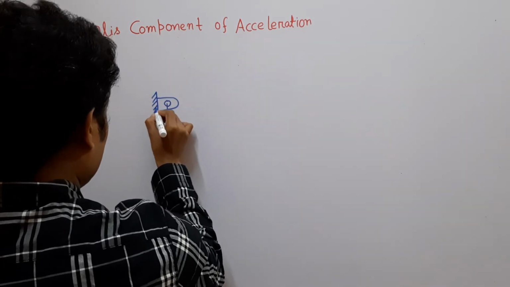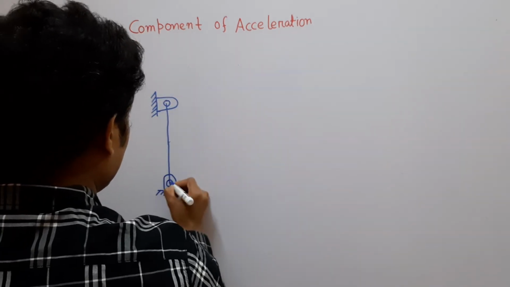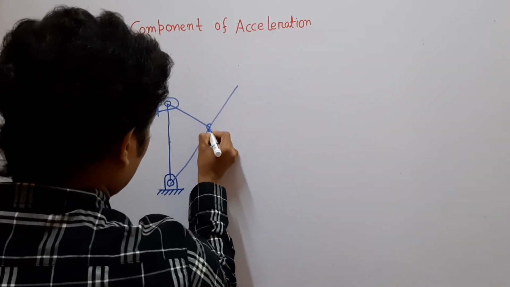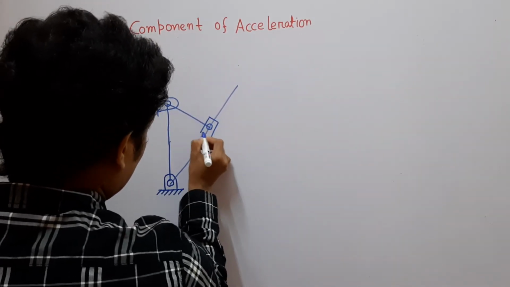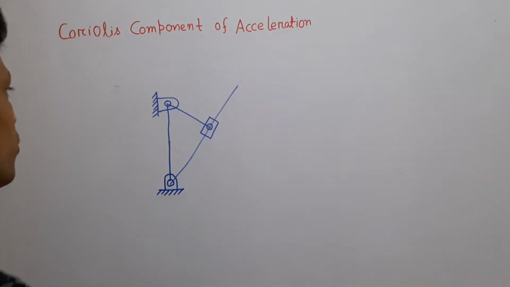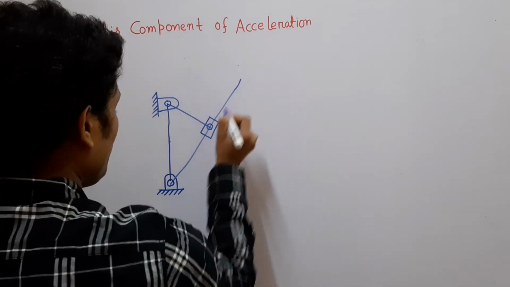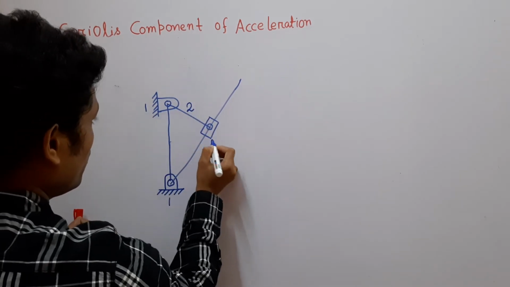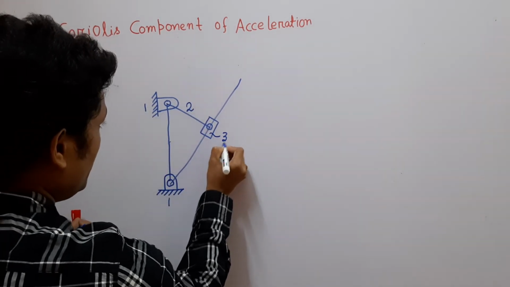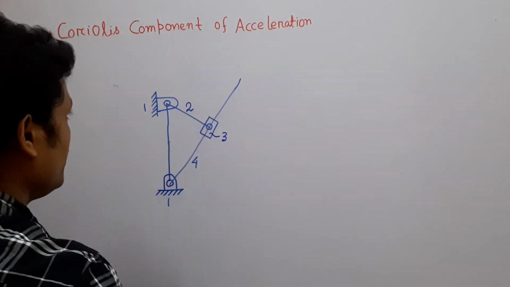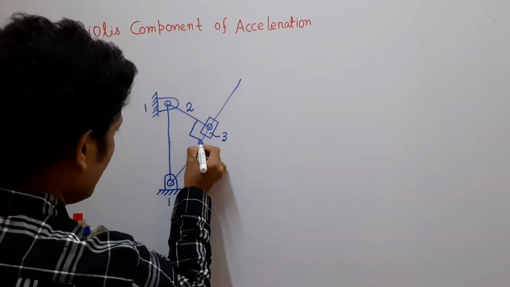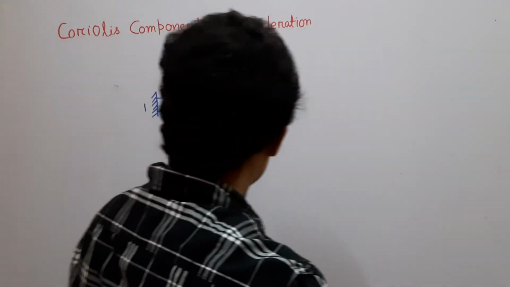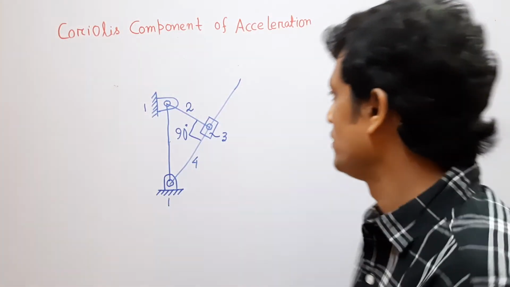I am going to show you 3 instants. This is a quick return mechanism. Fixed link is 1, this is 2, slider is 3 and oscillating link is 4. And say here this angle is 90 degree. This is one instant.